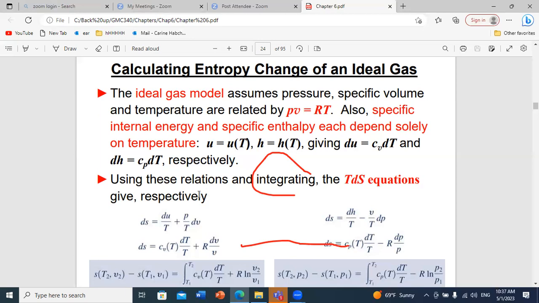For an ideal gas, what did we say? What can we write for an ideal gas? For an ideal gas we can say that U is only a function of temperature and H is only a function of temperature, and we can write that dU is CV dT and dH is CP dT. We use whichever depending on what we know. For example, say we don't have an incompressible scenario.